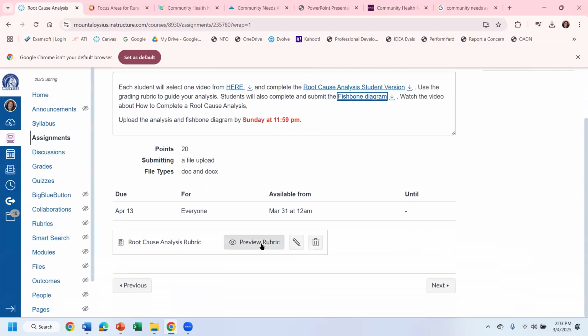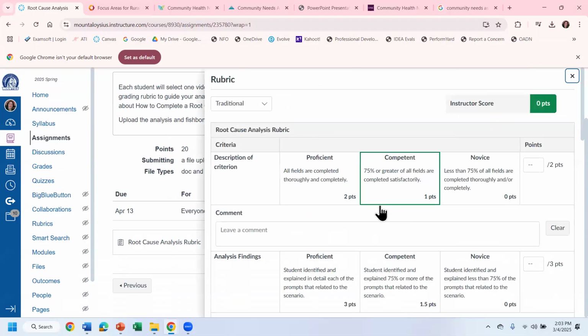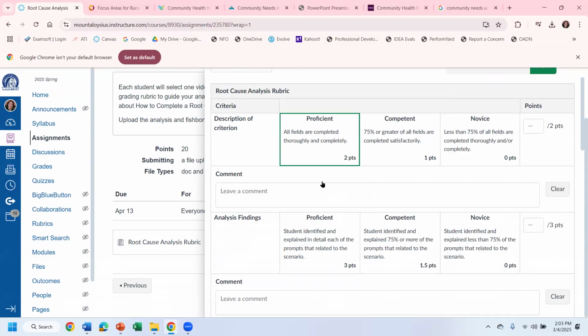So the last thing I want to show you here is that there is a rubric. So just to get all of the points for this assignment, you need to complete all the fields thoroughly and completely.